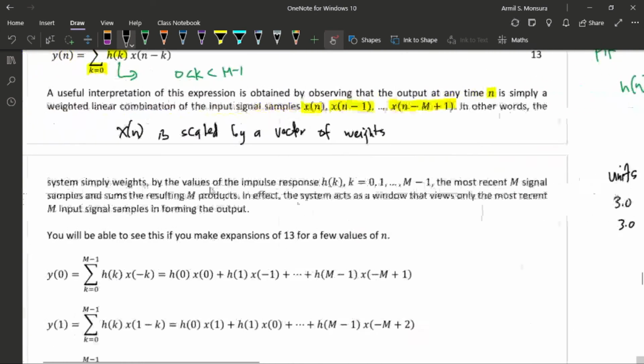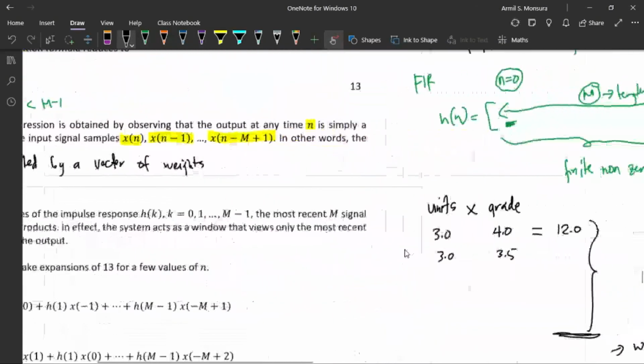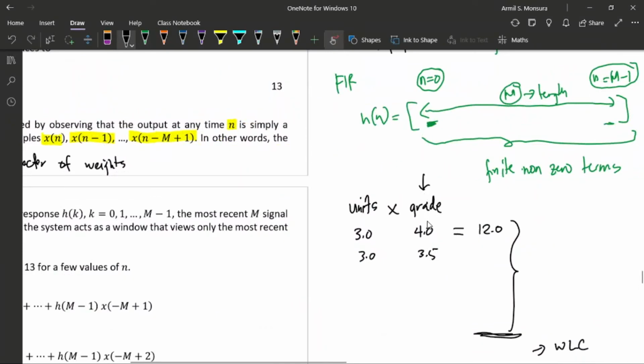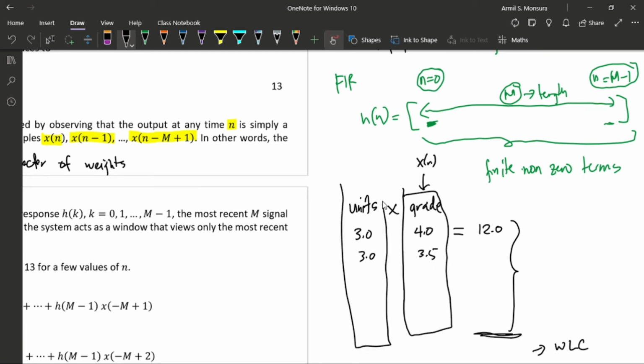So, ganun din siya dito. Say, for example, this is your xn, and your xn, the input sequence, is being scaled by a vector of weights. Ito nga yung tinatawag na vector of weights, and that vector of weights is actually your hn.